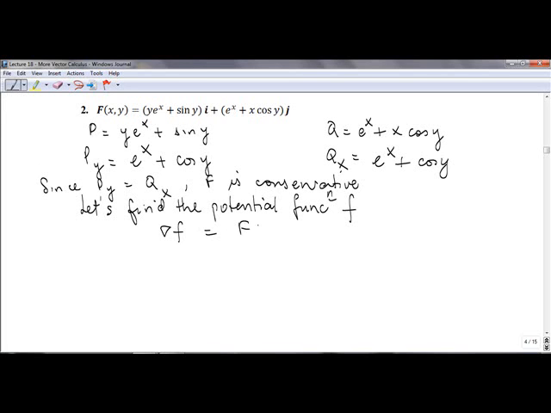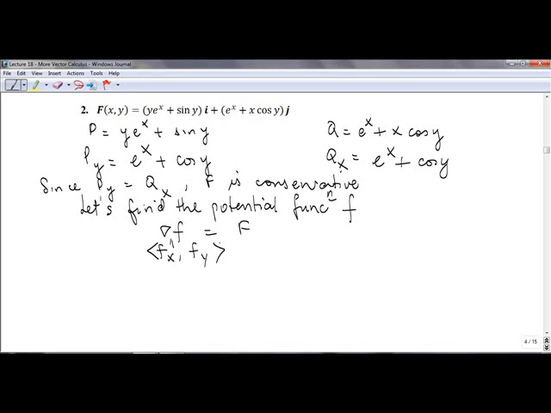But what is del f? Del f is made up of f sub x and f sub y, these two partials. Remember that, we're going back. Since these two vectors are the same, we can equate components, and that will enable us to solve for f.